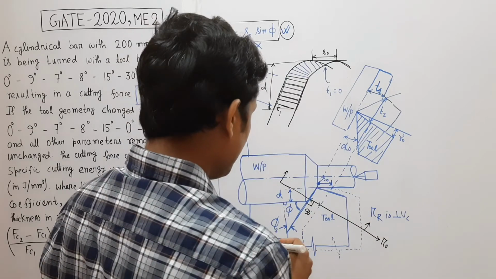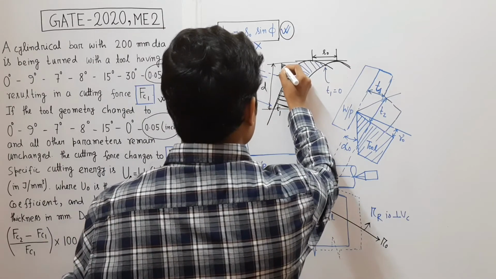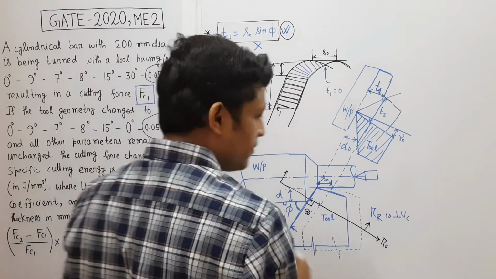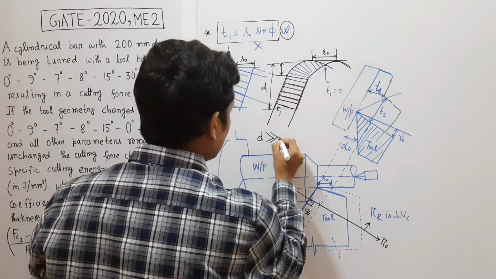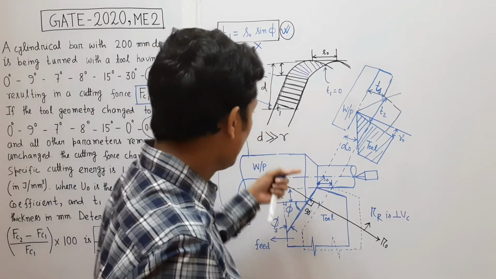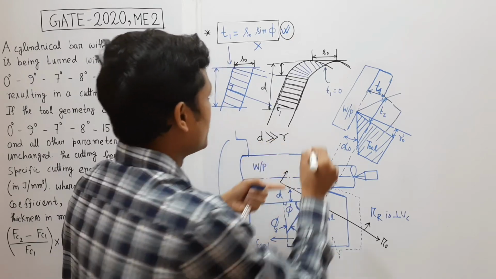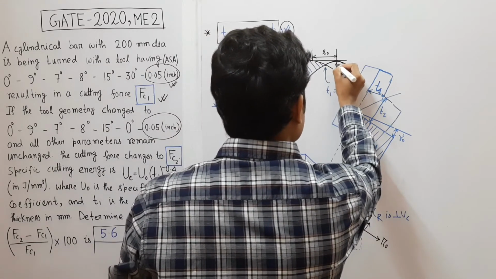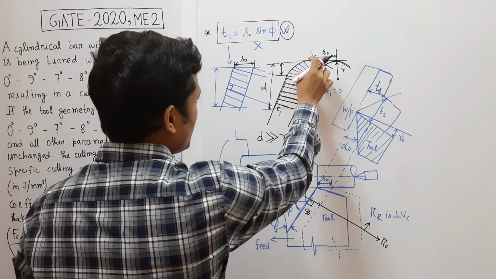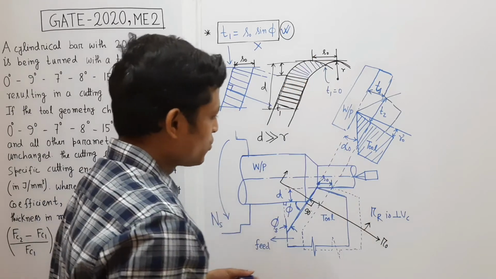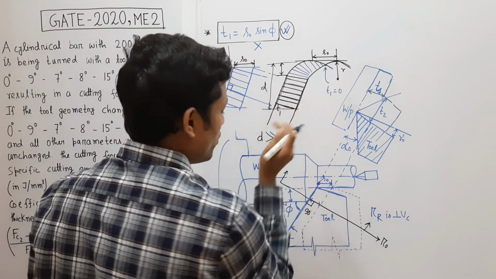This is valid when D, the depth of cut, is much larger than the nose radius. What is nose radius? Nose radius is this much. If D is very large, then this effect will be smaller than that effect. So the average uncut chip thickness T will take this value only.